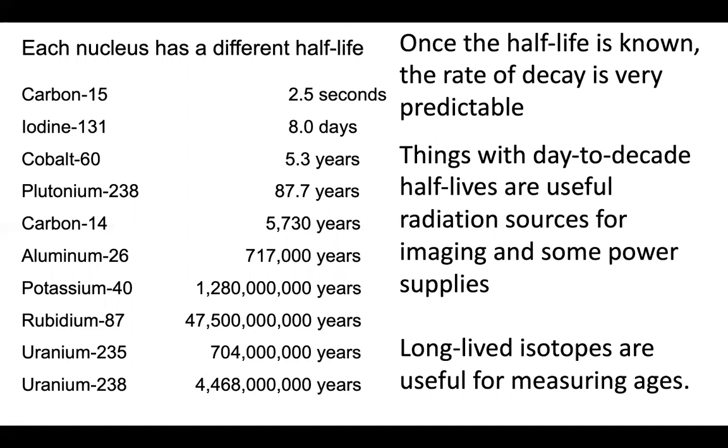So if you have an old cobalt-60 source that's maybe 20 years old, you still know how much radiation it's generating, how many of these nuclear reactions are occurring every second or every year or whatever your dosage timescale is. It also means if any of this stuff gets out into the environment, you know how long it's going to be around, which is useful or scary depending on your point of view.